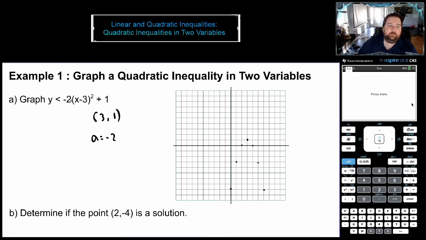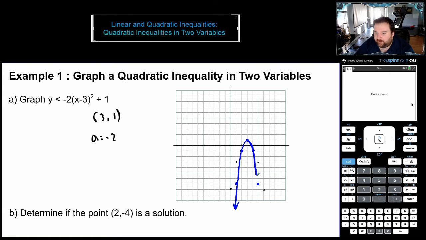We have it stretched by a factor of 2. So all of these are going to multiply by 2. So rather than going down 1, we're going to go down 2. Rather than going down 4, we're going to go down 8. And rather than going down 9, we're going to go down 18, which is going to be off the graph there, so not actually going to do that. And we plot our points.